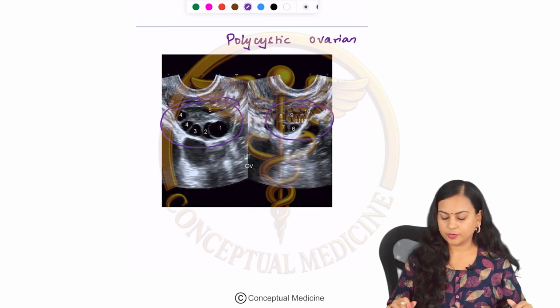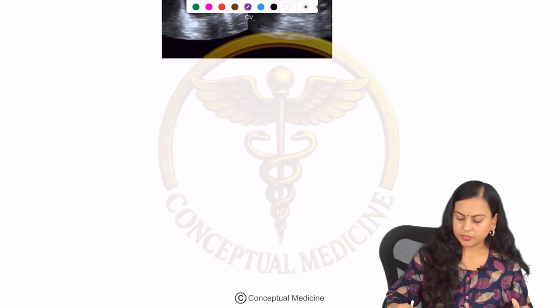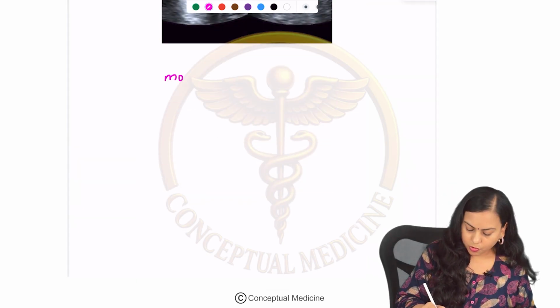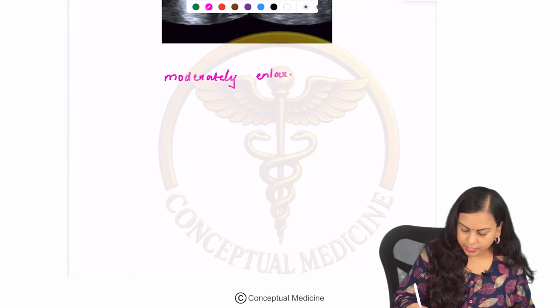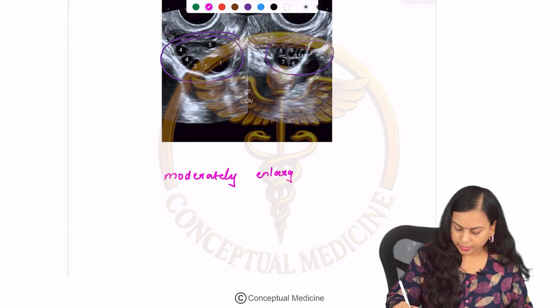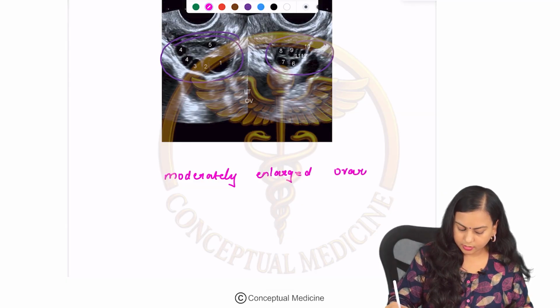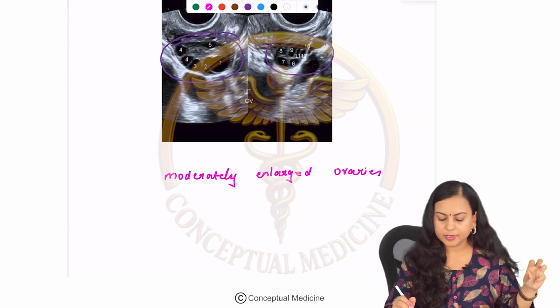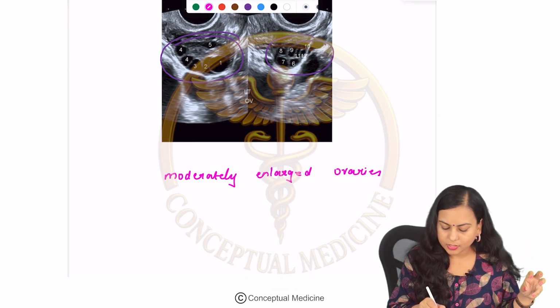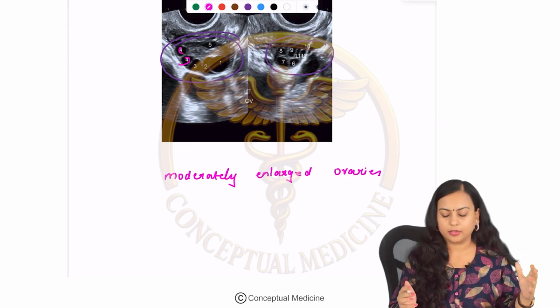We don't know how much is present on the other side. So, you are able to see moderately enlarged ovaries. You have multiple follicles, and see the follicle size is somewhat smaller only, it is not that big, right.